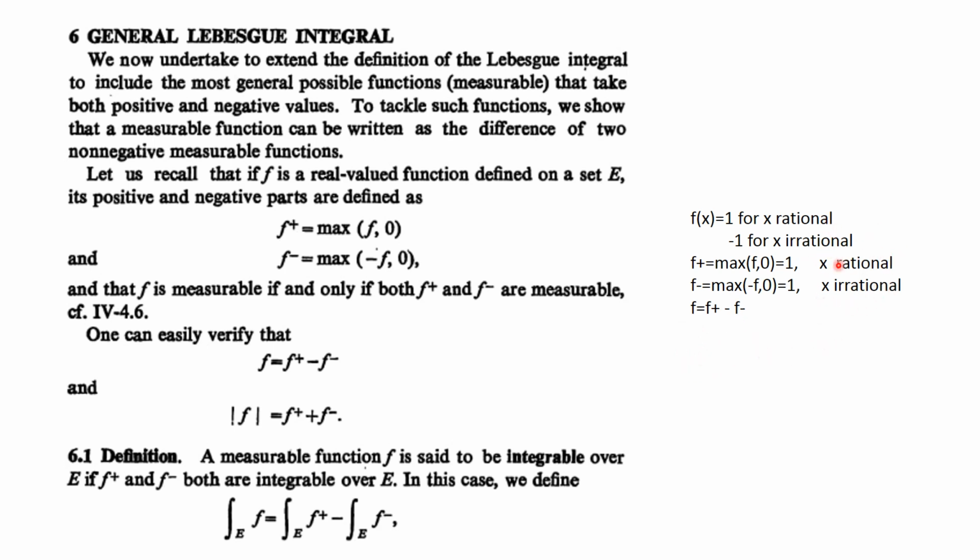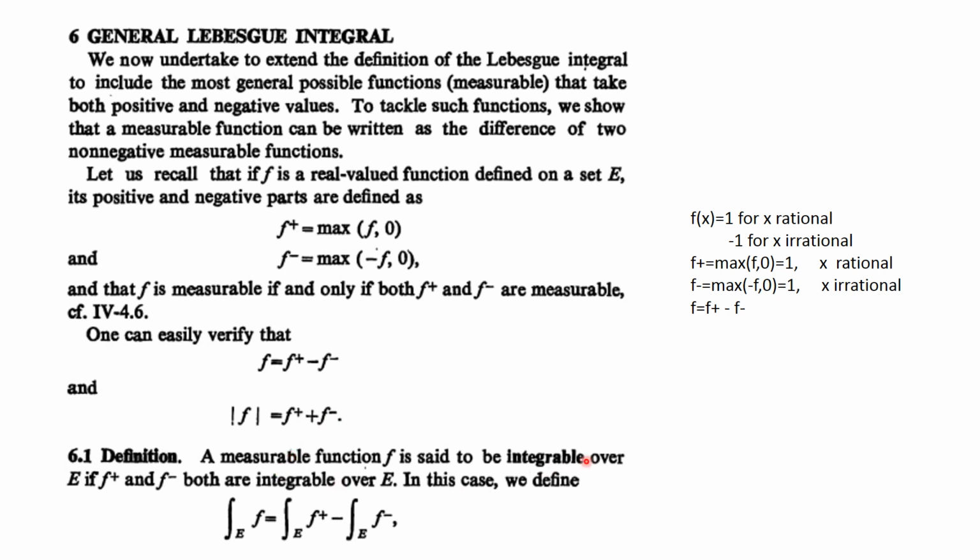Whenever your x is irrational, the value of f positive is 0 and f minus is 1, so the sum is again 1. So mod of f attains value 1 for all real numbers. So mod of f is defined as the sum of these two non-negative functions.